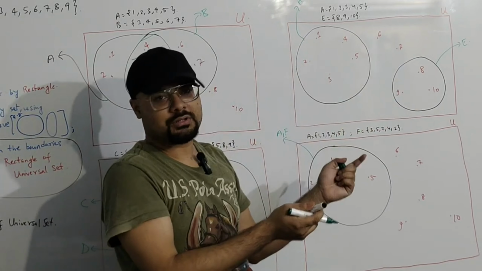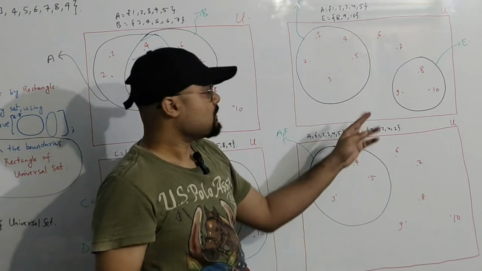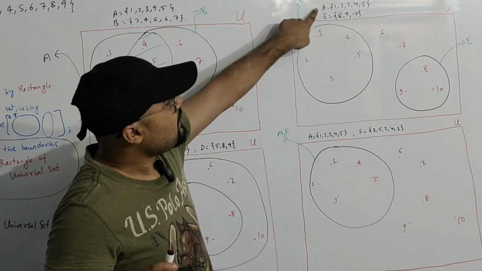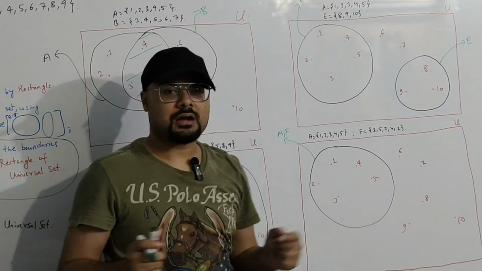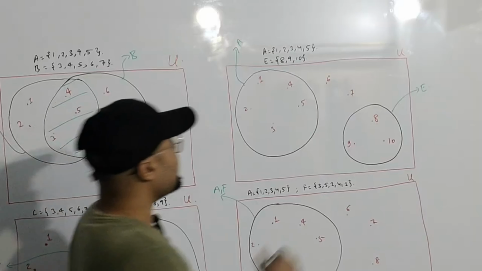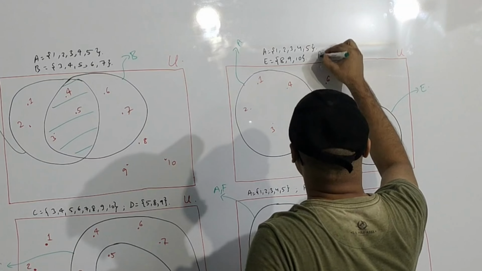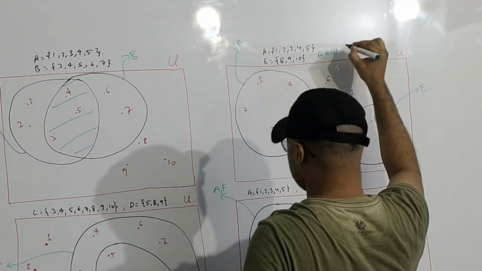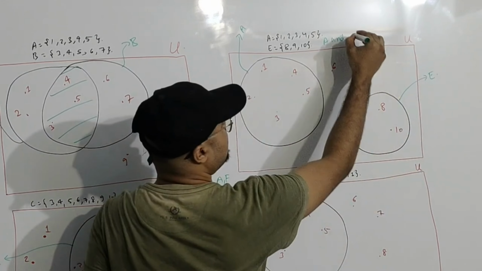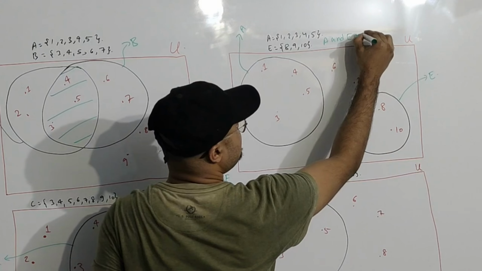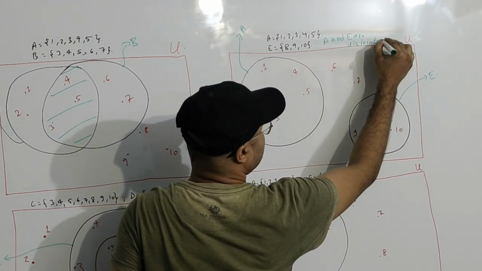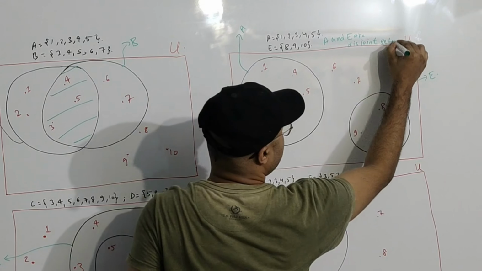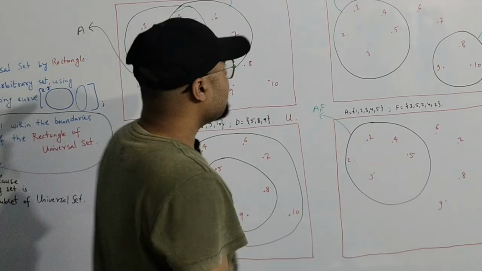They do not intersect with one another. If there is nothing in common between A and E, then these two sets are called disjoint sets. So A and E are disjoint sets.